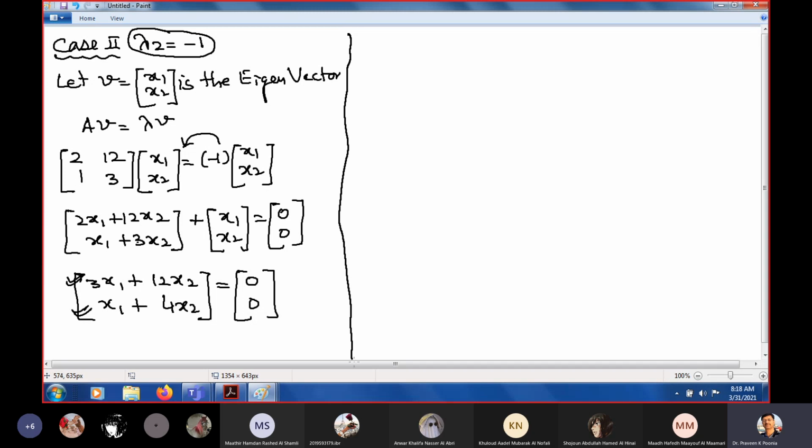Clear? So what is this? Let us take the first one, 3x1 plus 12x2 equals 0. 12x2 will be shifted to the right side, so it will be minus 12x2. Divide by 3. 3 cancelled by 3. x1 equals, what is 12 by 3?